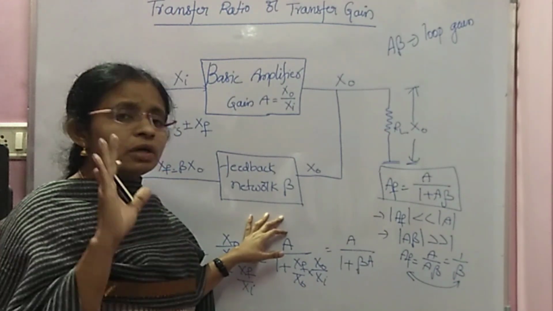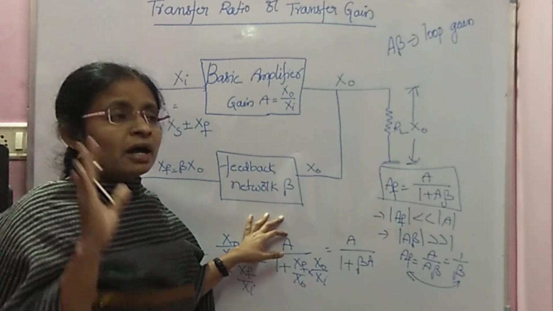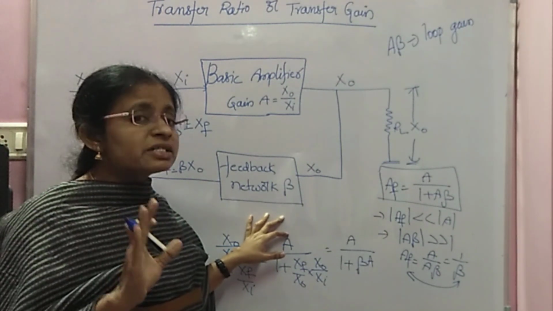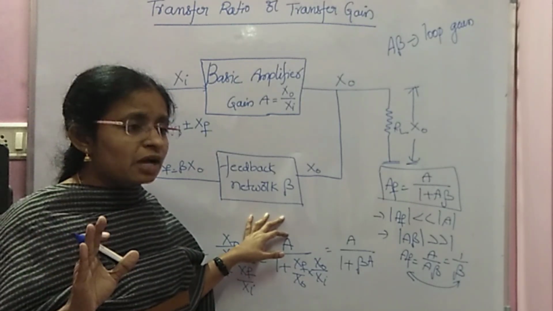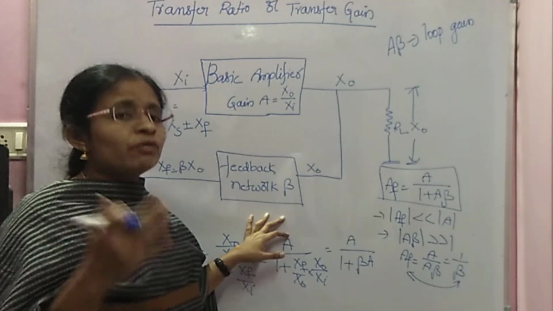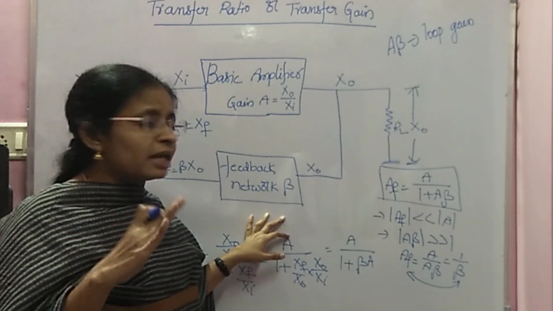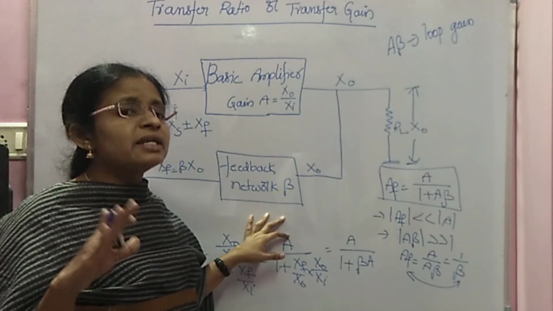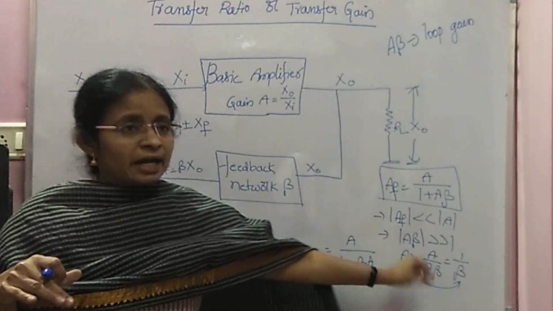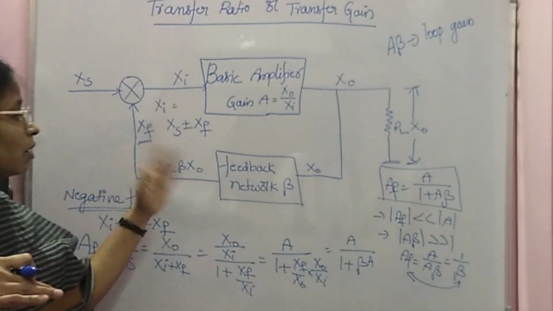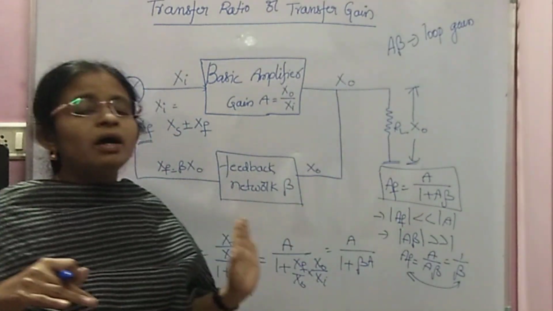I already told you the beta network of an amplifier consists of only resistive elements, and resistors are very stable. They won't change with temperature, surroundings or potentials. So in negative feedback the gain is very stable because it depends on your feedback network.